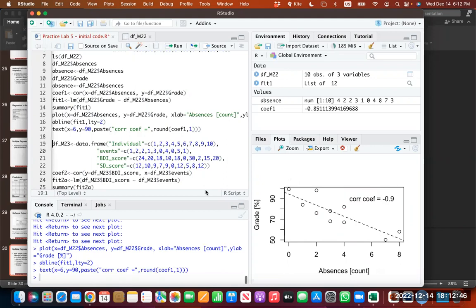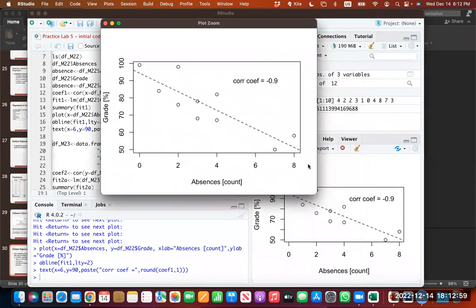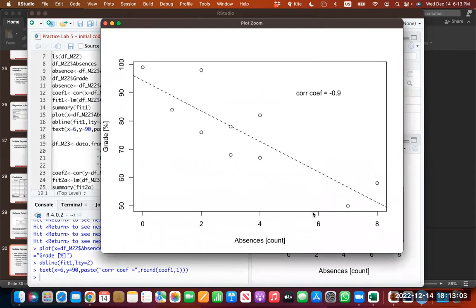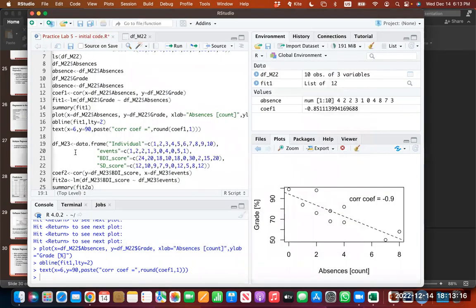And with text, you include a correlation coefficient in your plot. So this is how you can create graphs in R, which, I may be biased, but I think they're prettier than other graphs. At least I like them more than Excel graphs. You can do a lot of manipulation in these graphs that is beyond the scope of this class again.